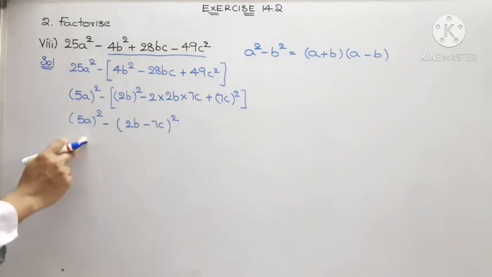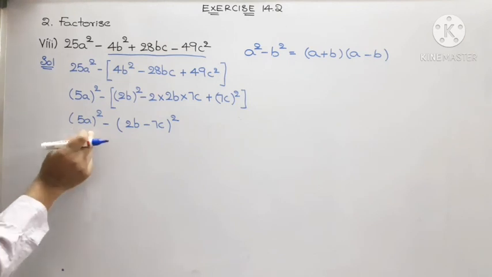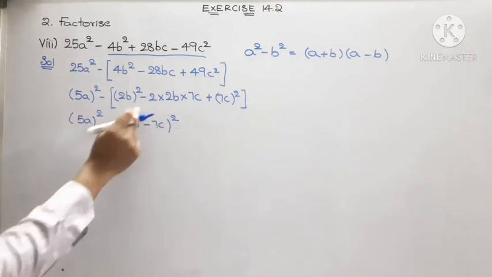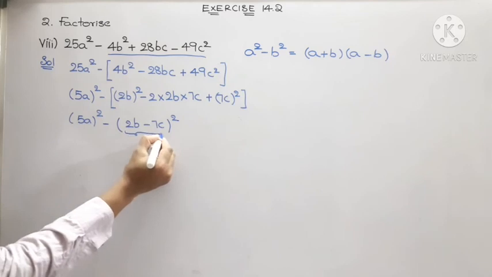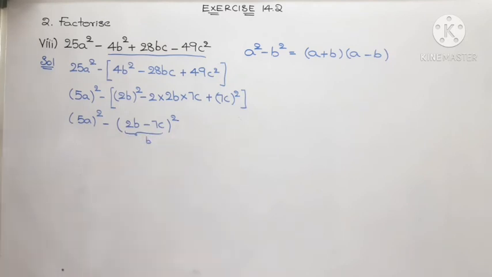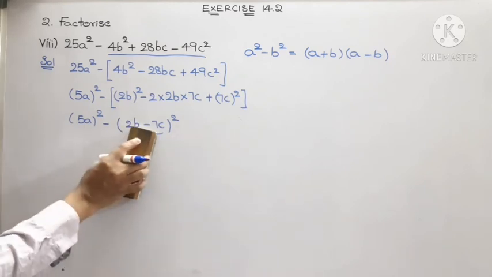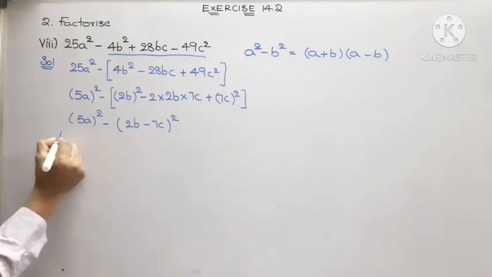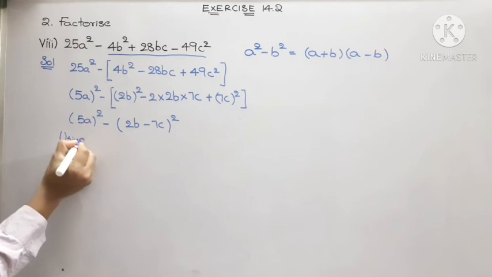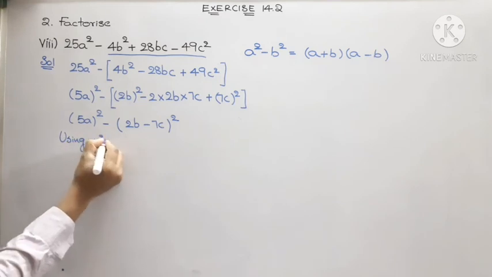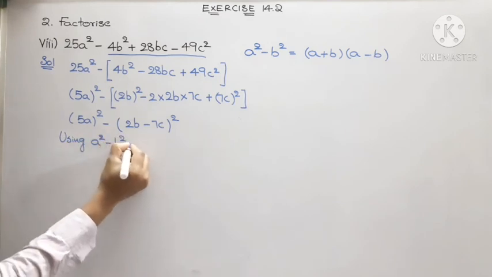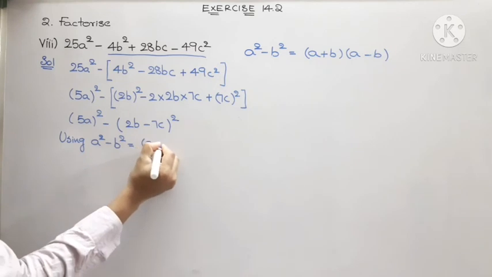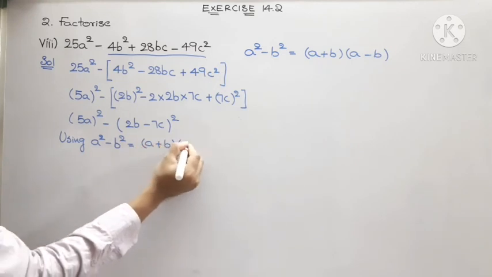Now if you observe this carefully, this carries the form a square minus b square. So the b is going to be the complete term 2b minus 7c. Hence, using a square minus b square is equal to a plus b multiplied by a minus b.